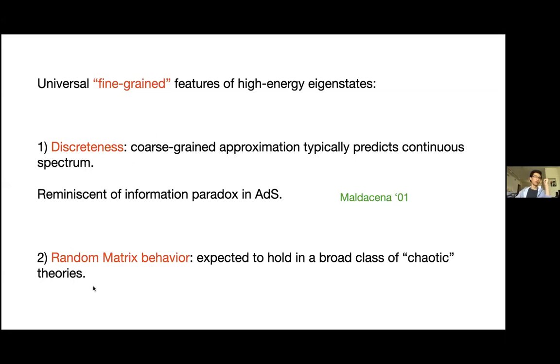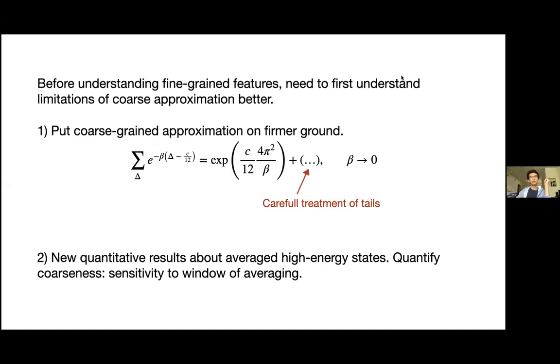Ideally, one would like to understand these more fine-grained features, but generally this is a hard question. So perhaps it's natural, before going into these finer details, to better understand this coarse approximation, and what its limitations are.